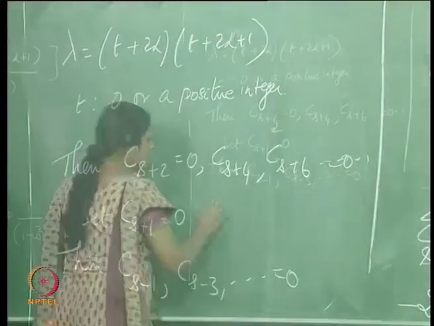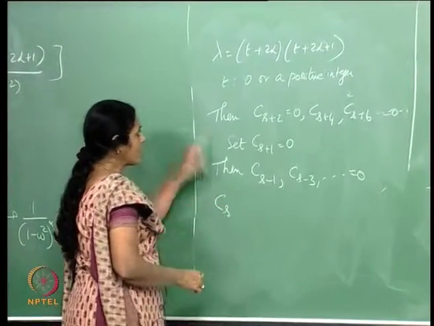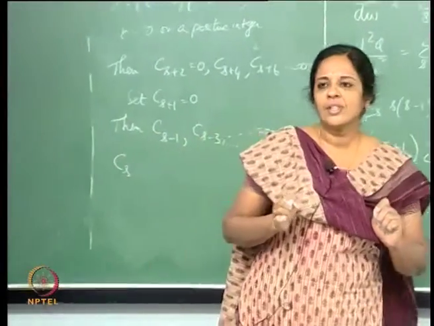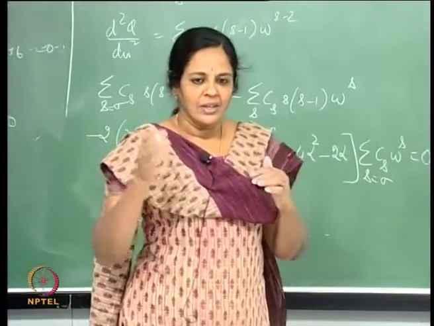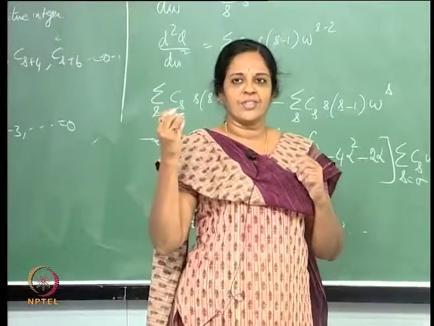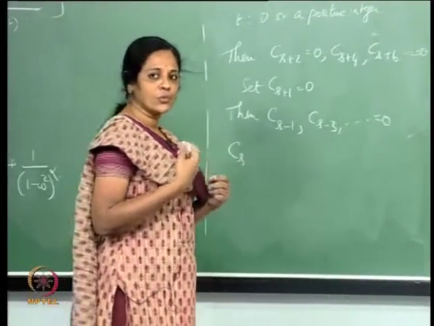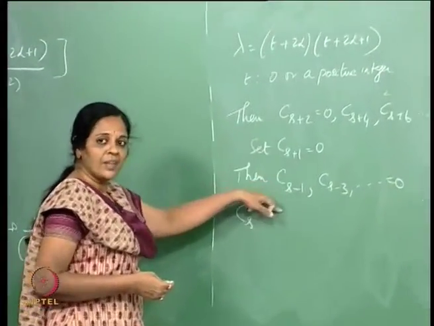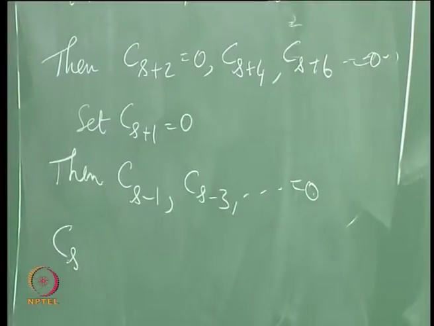So depending on whether the series terminates with Cs when s takes the value t, and the important thing is this, it is not just a finite series. If s is an even integer, only even objects contribute, like C0, C2, C4, C6 and so on. If s is odd, C1, C3, C5 and so on contribute.